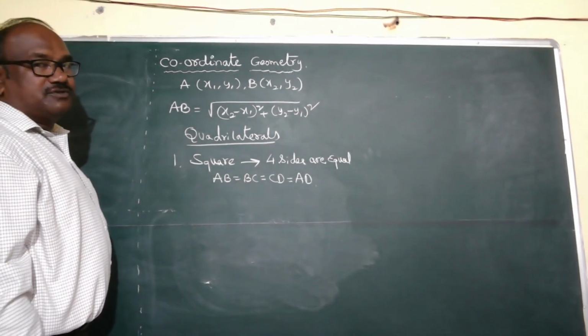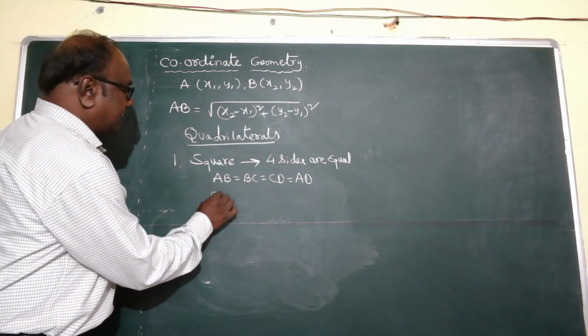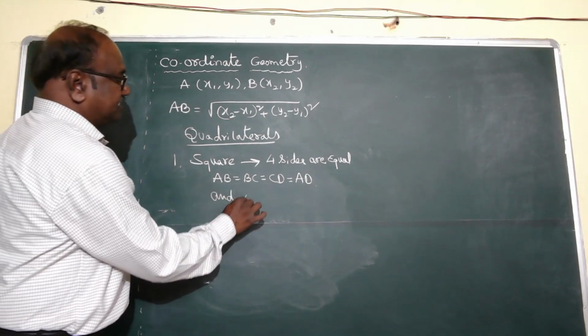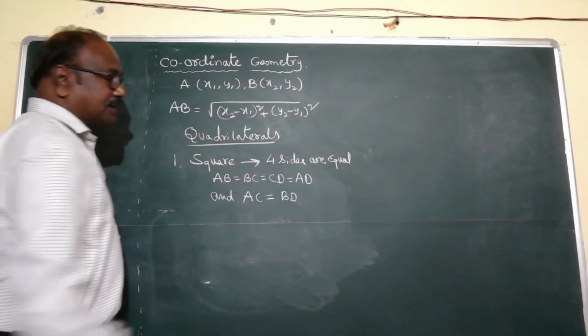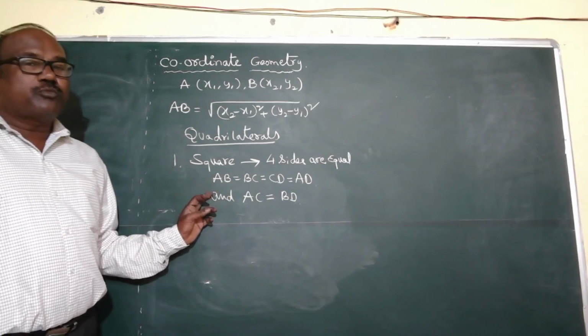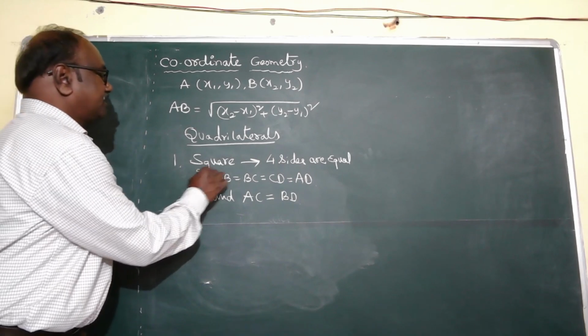That is, all the 4 sides are equal, AB, BC, CD, AD, and diagonals AC is equal to BD. Then we can accept that given 4 points A, B, C and D form a square.